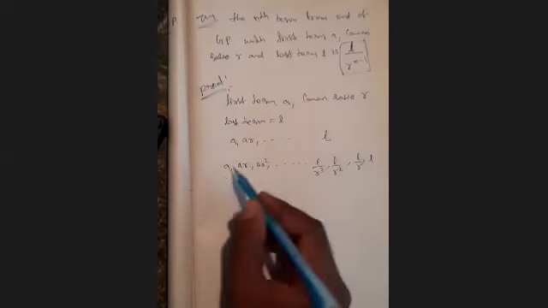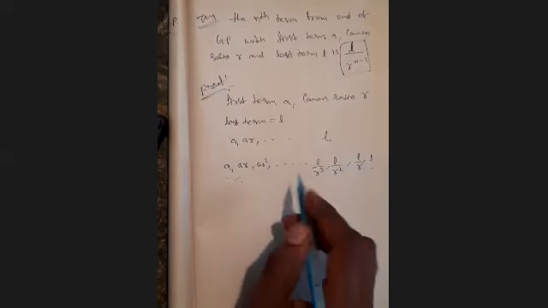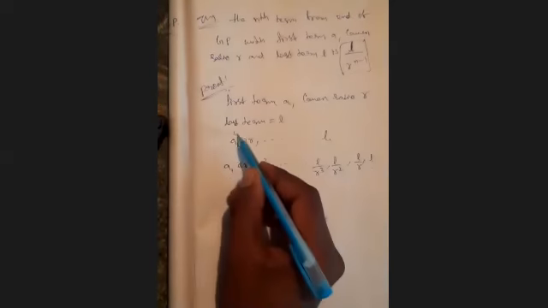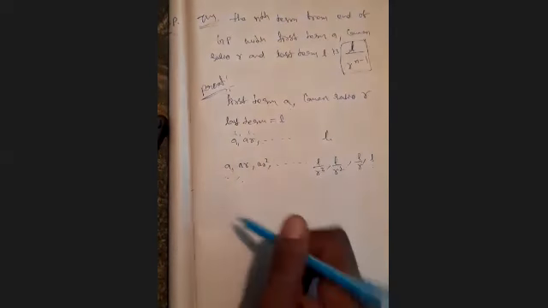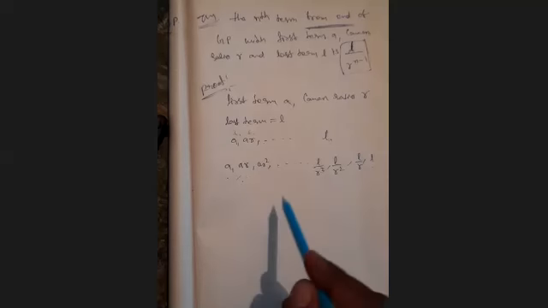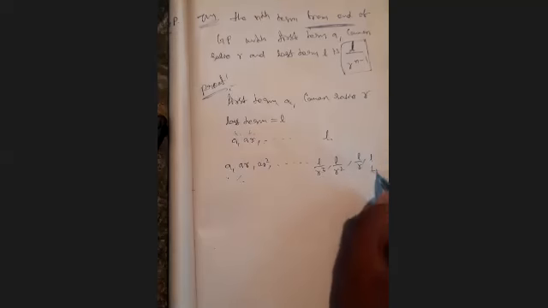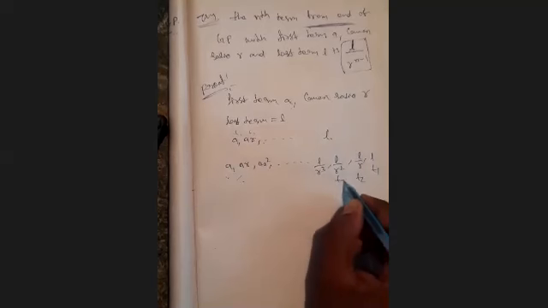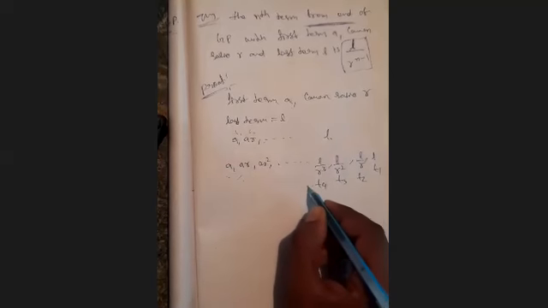Now, in every GP we count this as T1, this as T2, and so on. But now he is saying from the end onwards. This is the very important word. From the end onwards means this is T1 now, this is T2 now, this is T3 now, this is T4 now, and so on.